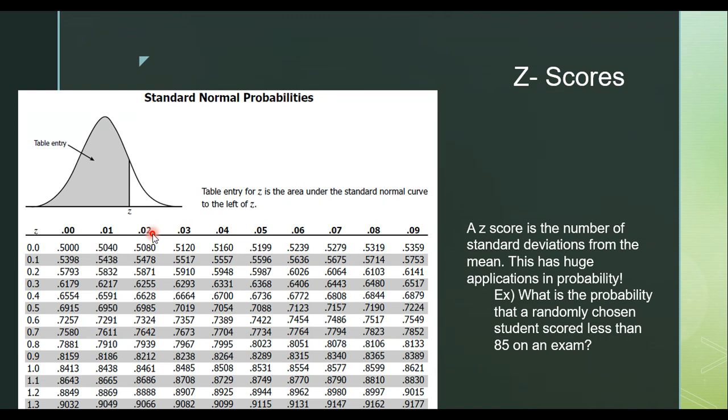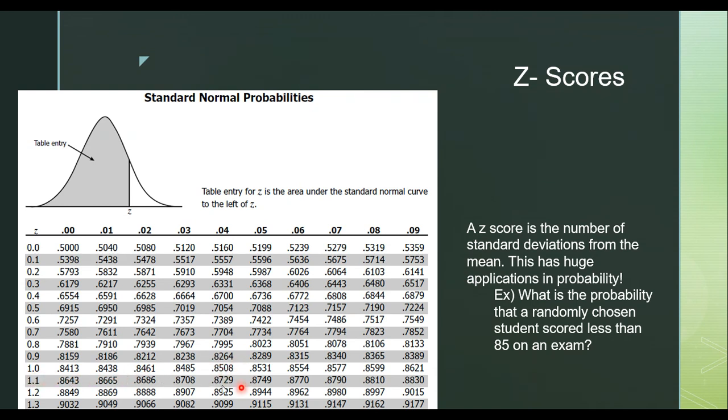It's also measuring the area underneath a curve. For example, you might be asked, what's the probability that you randomly chose a student's test and they got 85 or higher on the exam, right? That question can be answered by using a z-score, where you find the z-score that you're given, maybe it was 1.04.